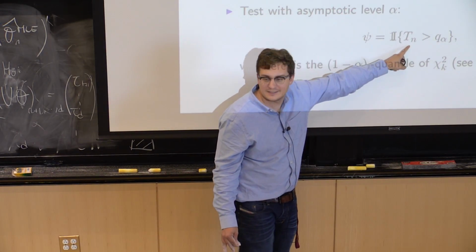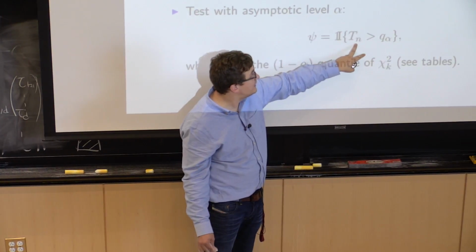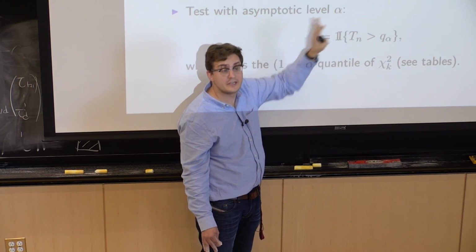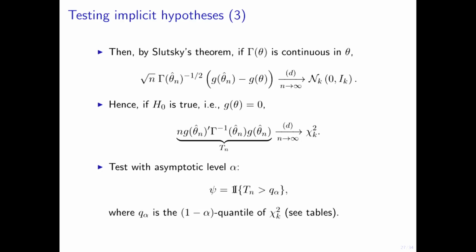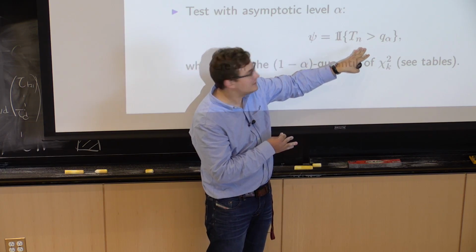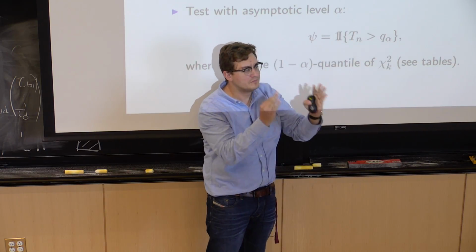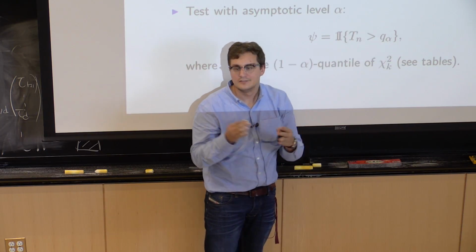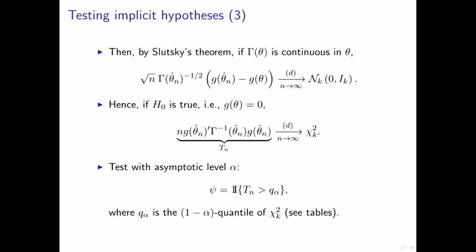But let's look at this test now. This test was built using Wald's theory and some pretty heavy stuff. But now if I start looking at Tn, and I think of it as being just the absolute value of this quantity over there squared, what I'm really doing is looking at whether the square of some Gaussian exceeds the quantile of a chi-squared of 1 degree of freedom, which means that this thing is completely equivalent to the test.